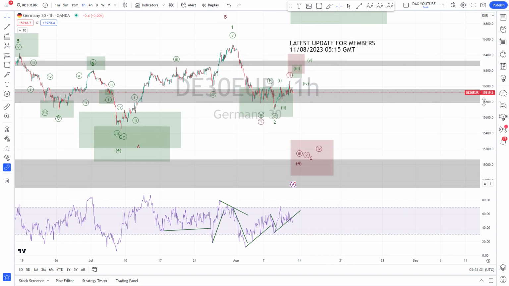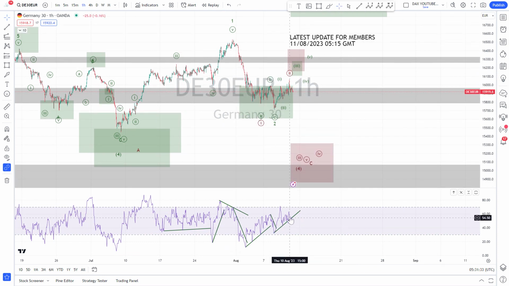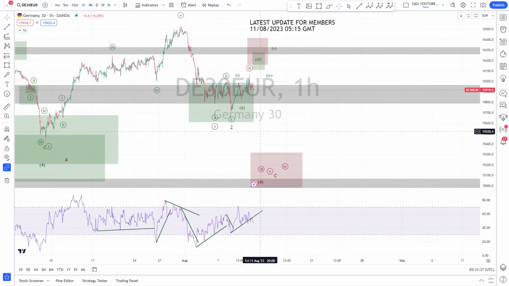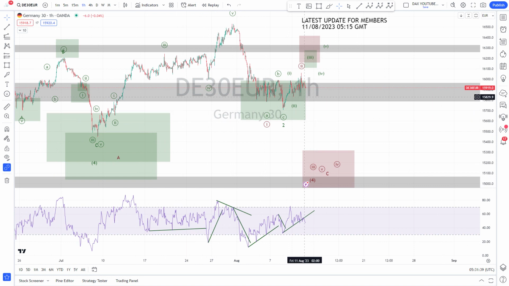We also start to break this RSI trend line here, so I would not be surprised to see this push down again here today.